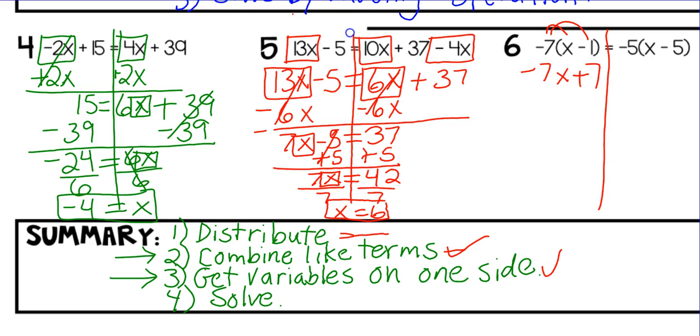Thank you. All right, and then on the other side, it's going to be -5 times x, which is -5x. And then it's -5 times what? -5, which is 25, not 10. We were adding it. Okay? So now, because you're multiplying -5 times, you're subtracting.